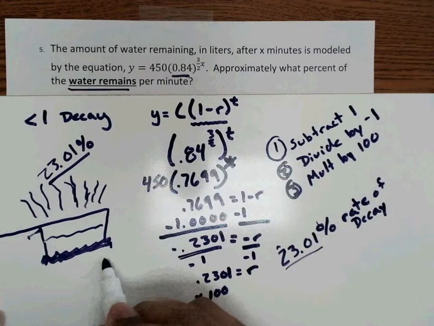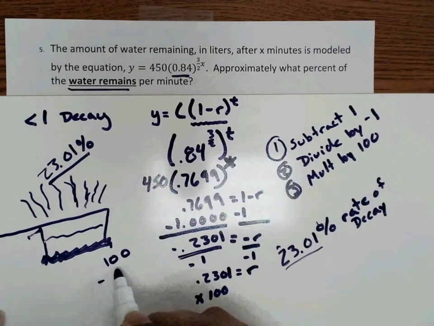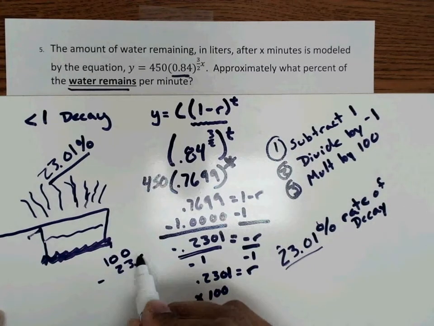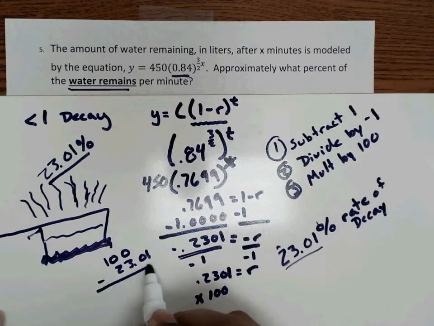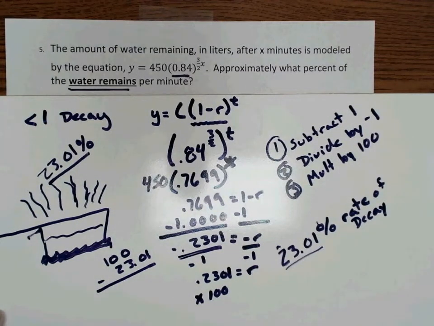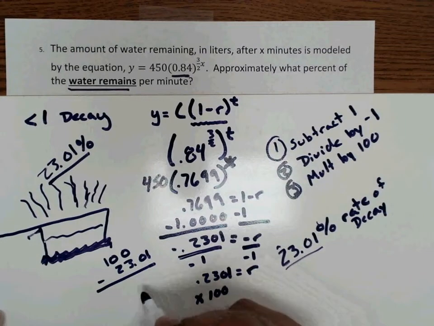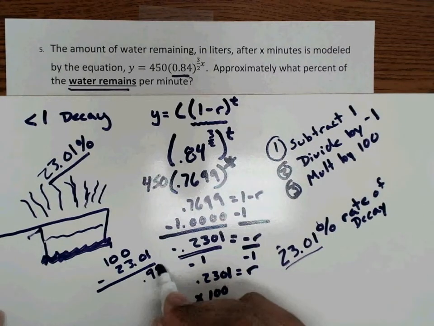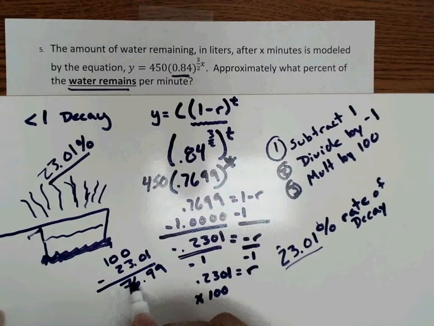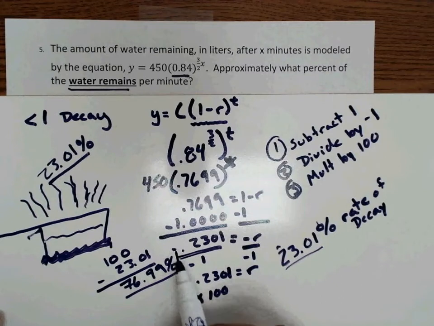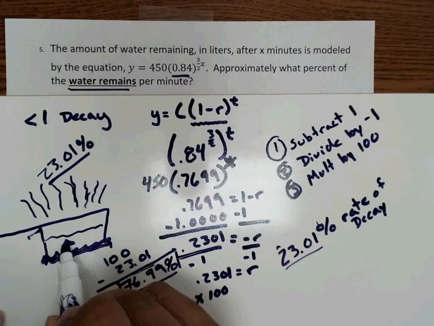So when we take 100 minus the 23.01%, we will get our answer, which would be 76.99%. Bam. So 76.99% of the water would remain every minute.